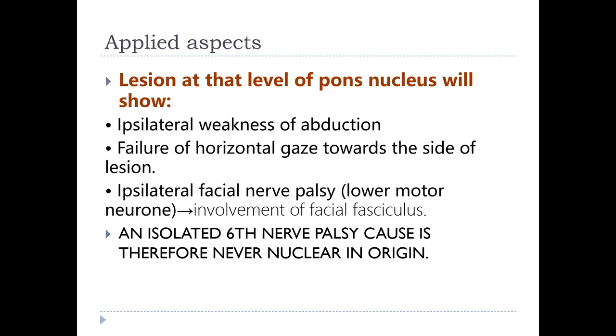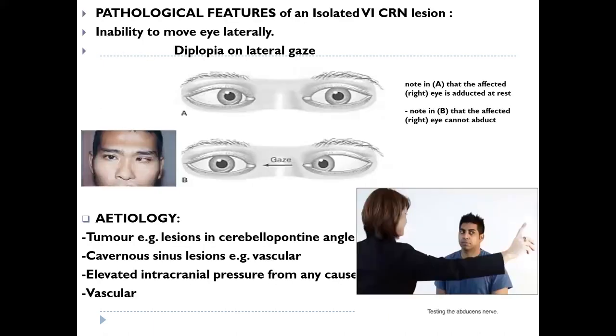It mostly will be associated with a pontine lesion or an injury affecting the pons. So when you do the clinical testing, mainly when you are testing the abducens, you are checking the lateral movement, so abduction of the affected side. That is what we test.